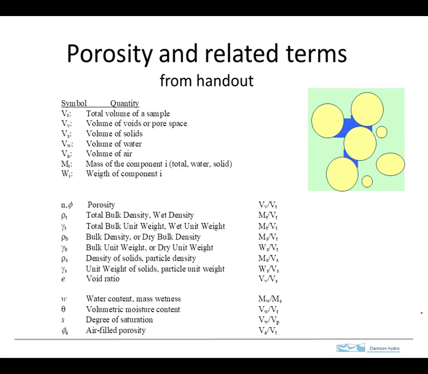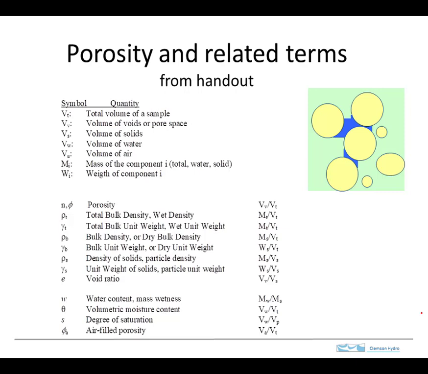Okay, so we've seen now a variety of different types of porosities, and one thing that they all have in common is that they are ratios of various different quantities.